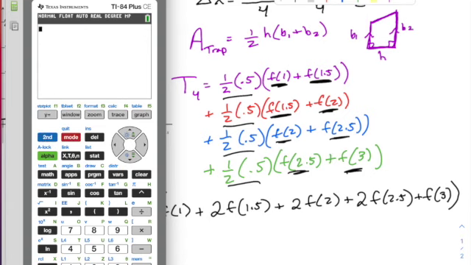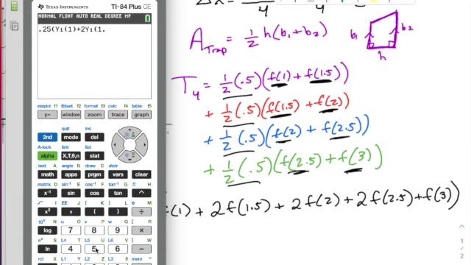And so on the outside, 1/2 of 0.5, or if you want to shorten that up and just call it 0.25, and then f of 1, so alpha trace y1 of 1 plus 2 alpha trace. And by the way, you can do these things using the table feature if you like to get all those y values and jot them down.